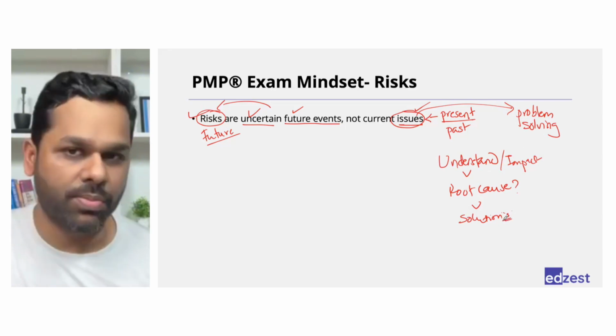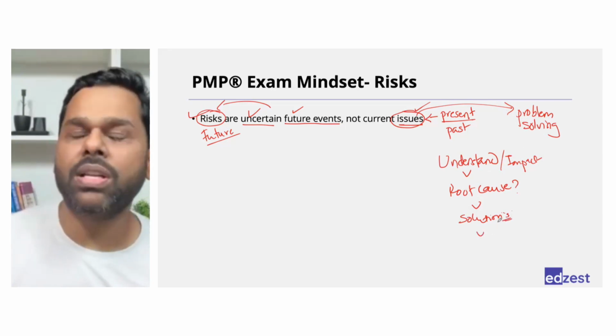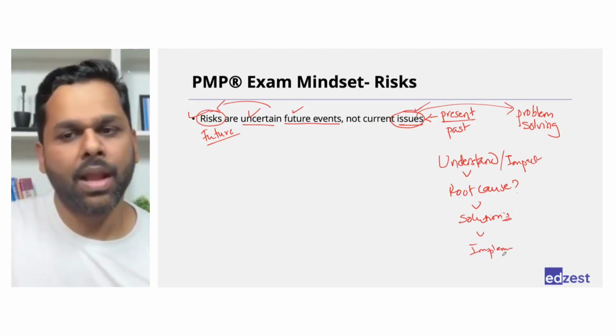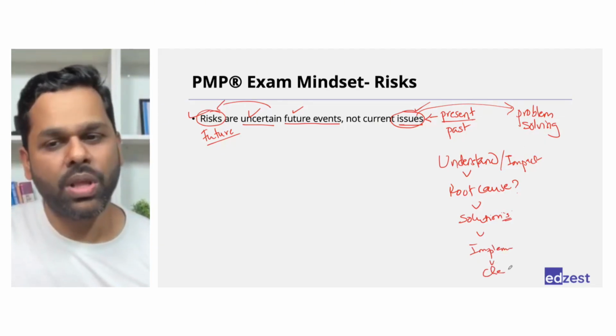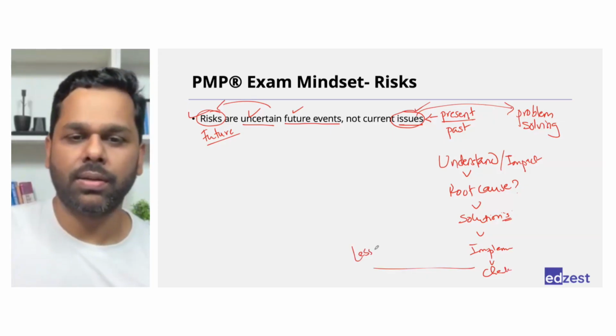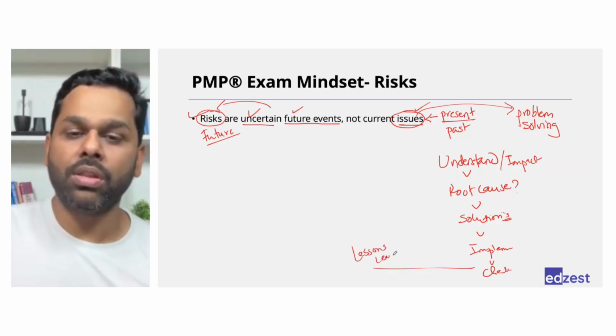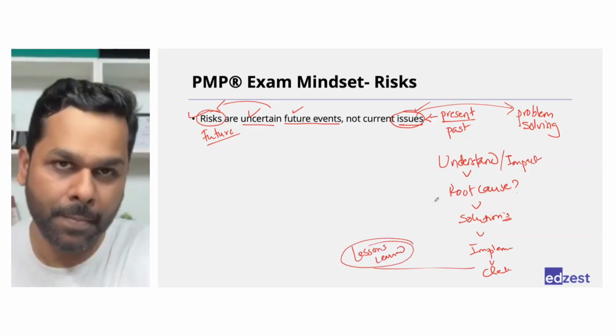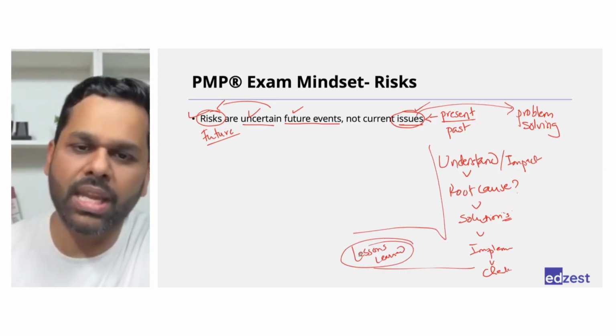Multiple solutions are possible; figure out the best one. Then implement that solution. After implementing, check whether the solution was successful or not, and then update your lessons learned. Whatever lesson you learn throughout the project, keep mentioning it in the lessons learned document. This is the way you solve any and every problem.